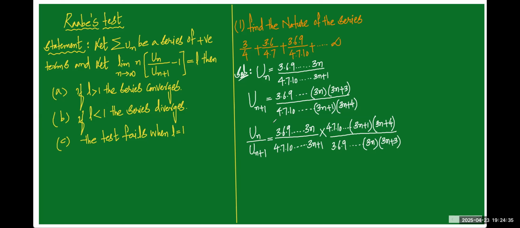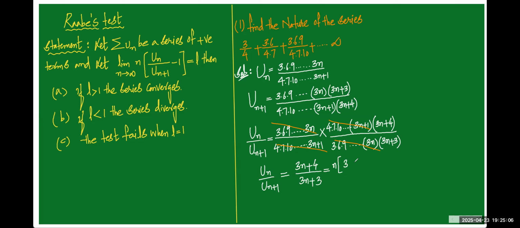Clear now? Yes, sir. Up to 3n plus 1 the terms are cancelled. So once you notice, we are getting only the terms: un by un plus 1 value will be equal to 3n plus 4 divided by 3n plus 3. Now take n common. Before applying the limit we have to take n common.